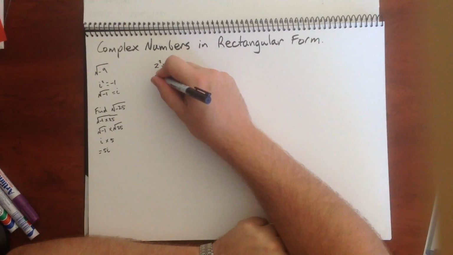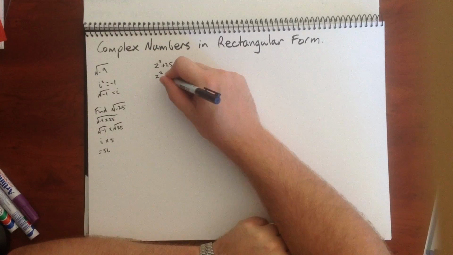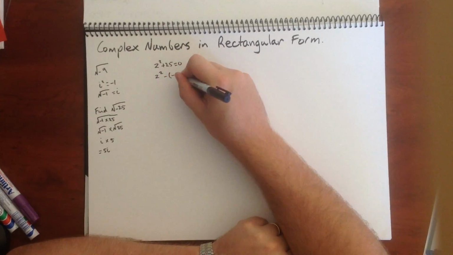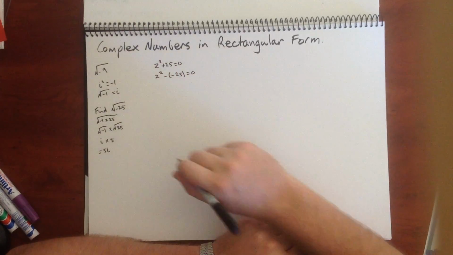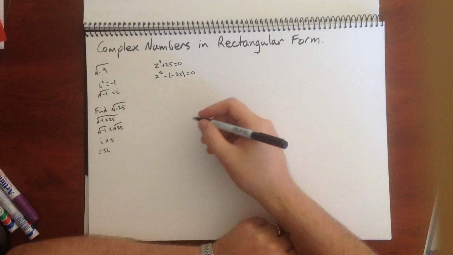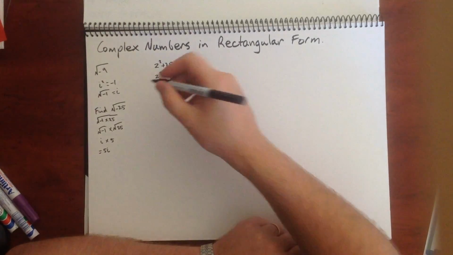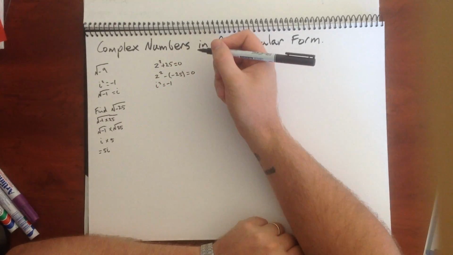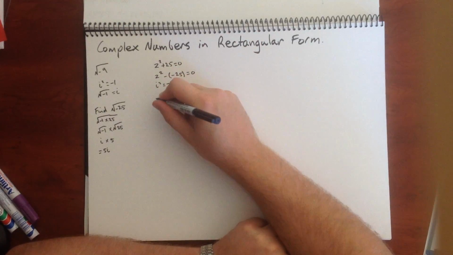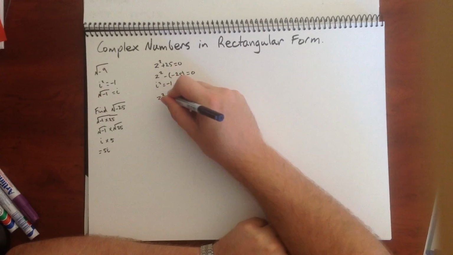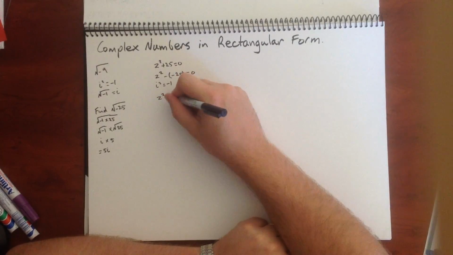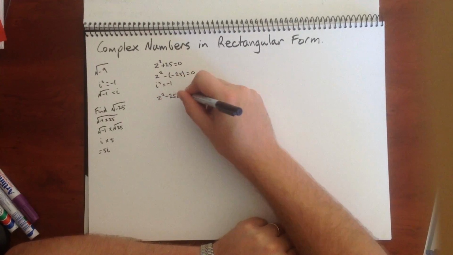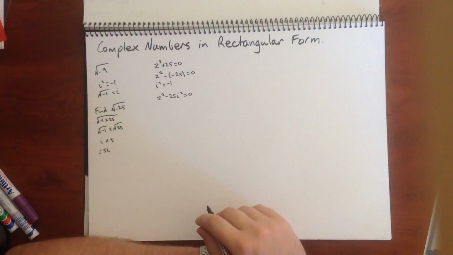So we can think of this as z squared minus -25 equals 0. Remember i squared equals -1, so we can think of that as z squared minus 25 i squared equals 0.